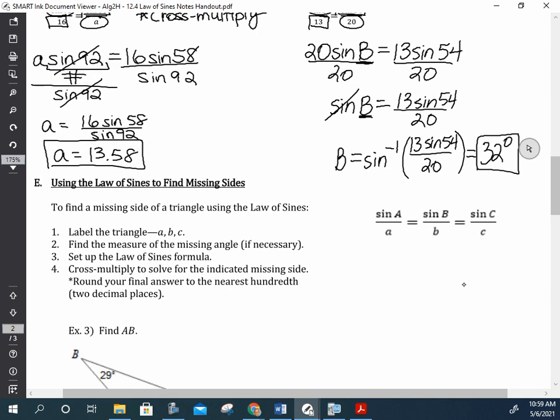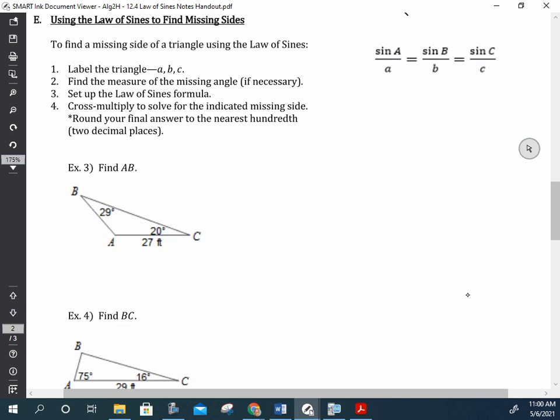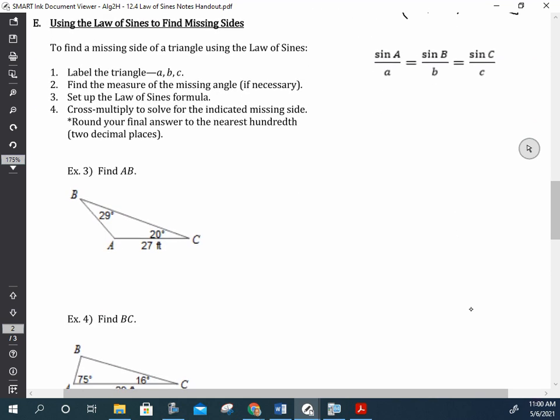All right. So let's find sides. We'll do one together, you try one yourself. If we're finding a missing side from the triangle, first step is to label it. Remember, labeling it: A angle, A side.